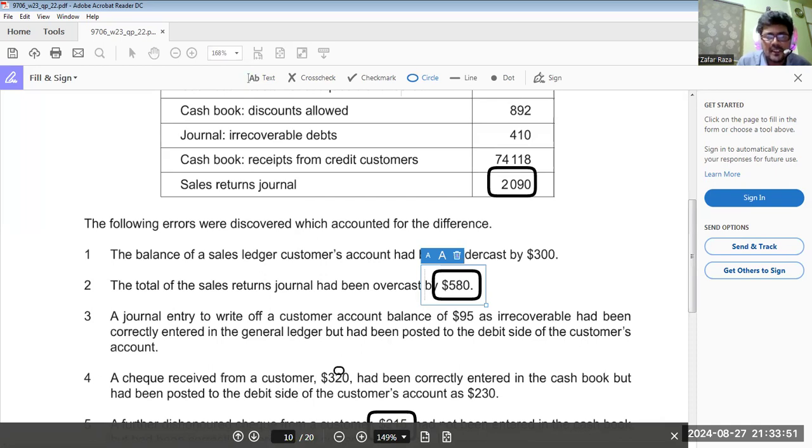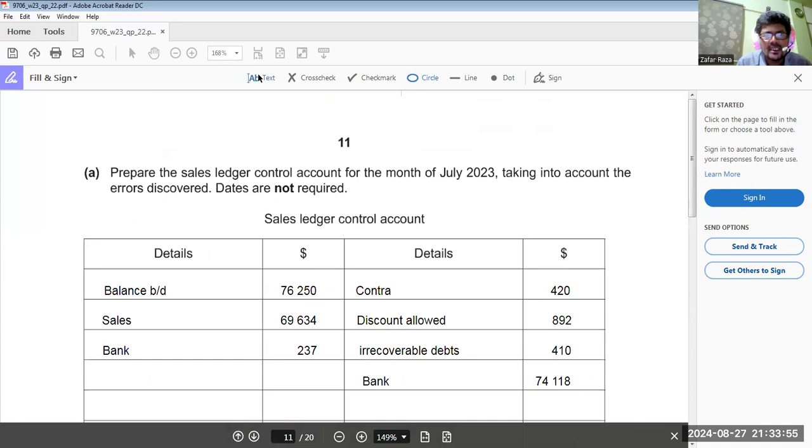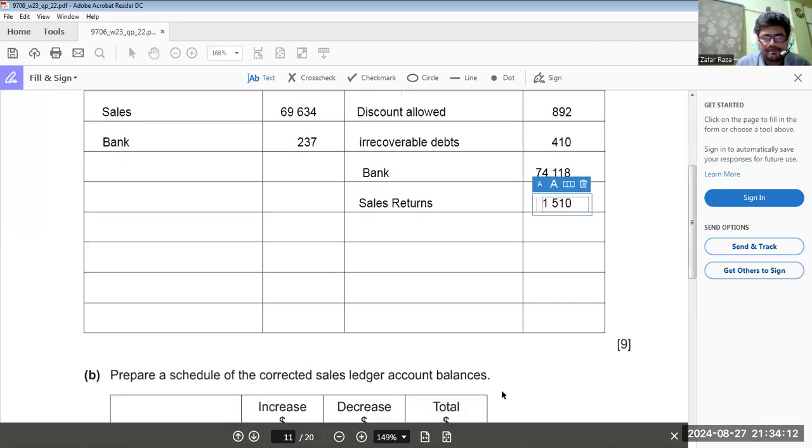It means 1510 is going to be reported. Sales return also decreases debtors account, so we'll report sales returns on the credit side. That was 1510, the rectified amount. Done?